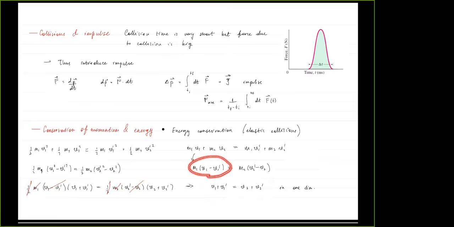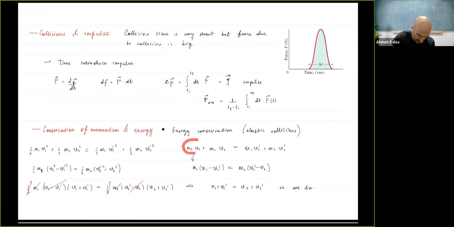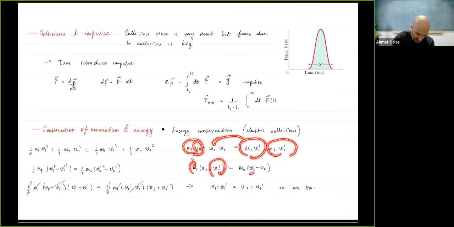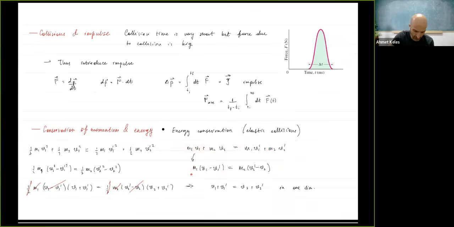Yes. So this is M1 V1, and I take this M1 V1 prime to this side. So this is M1 (V1 minus V1 prime). But here V2 prime is plus, and I took the V2 to the other side, so the V2 without prime is minus. I think this is correct.